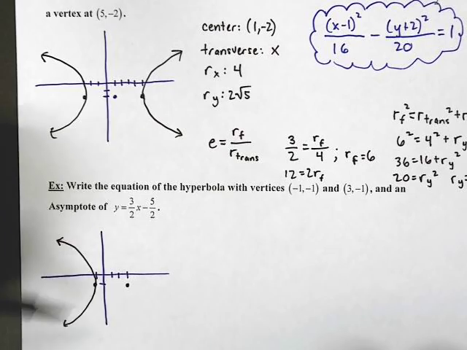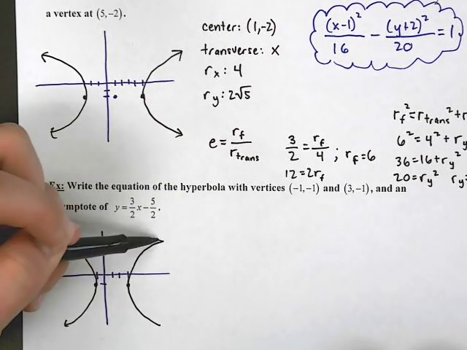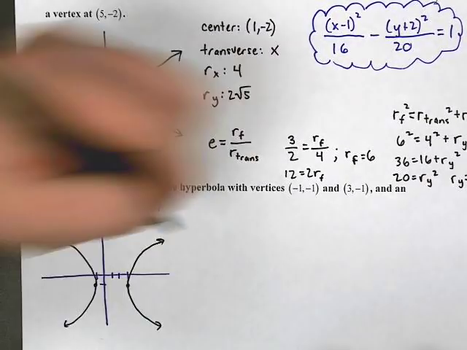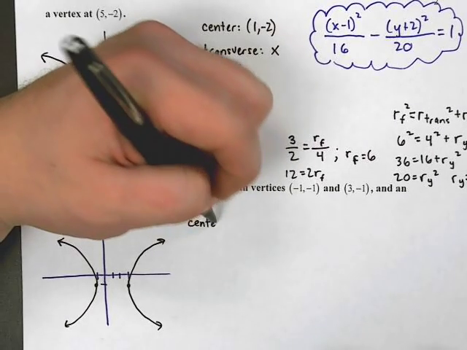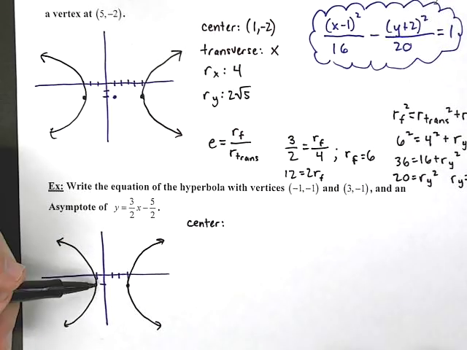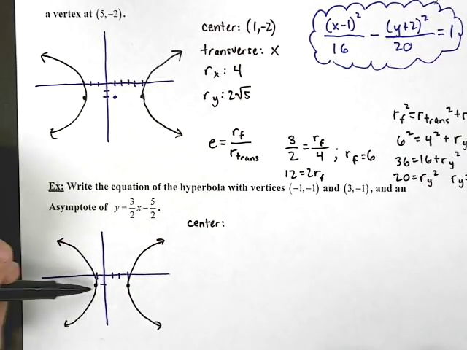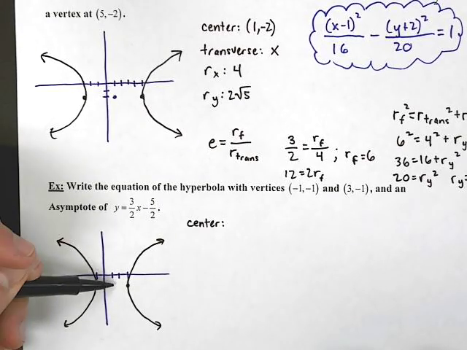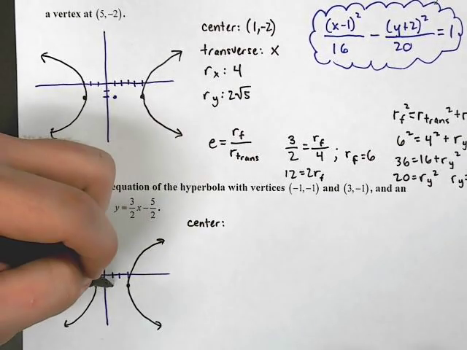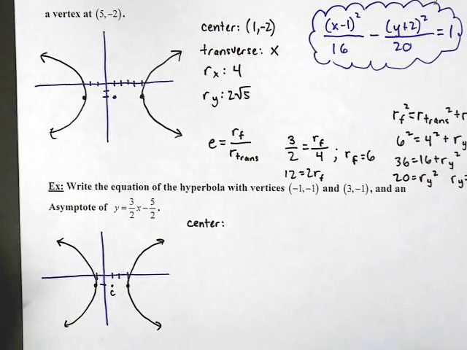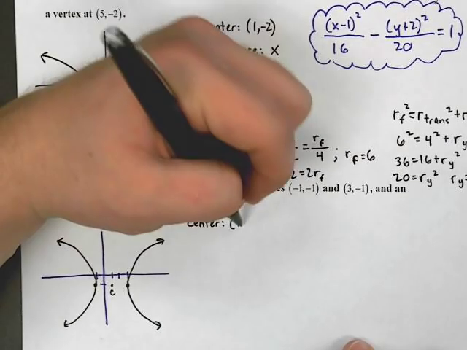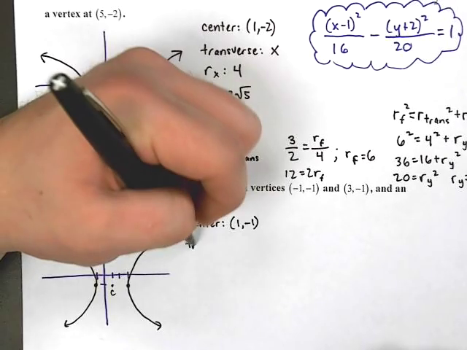I already know the transverse is going to be x. I know it's not on there already, but we can get the center. We know that the distance between these two vertices is 4, so halfway would be 2. So my center is right there at 1, -1.